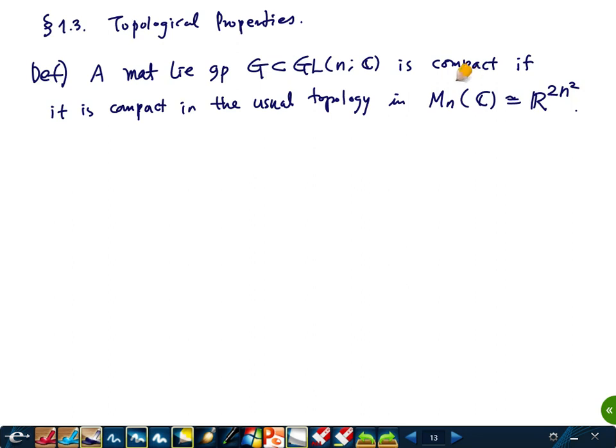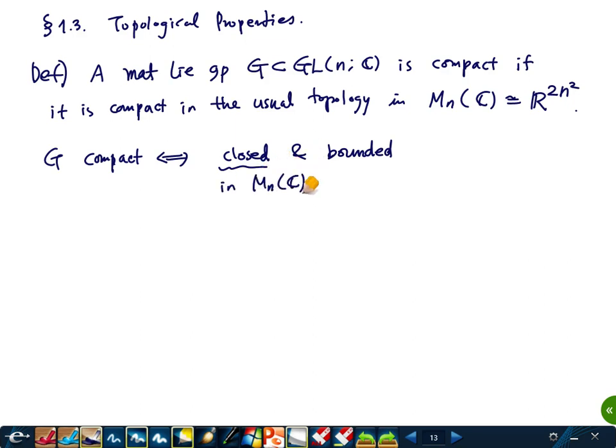We can talk about compactness in this topology, but since this is a Euclidean space, compact is equivalent to closed and bounded. So G is compact means closed and bounded. But be careful that closed here means closed in M_n, not GL(n), because it is already closed in GL(n) always by definition.